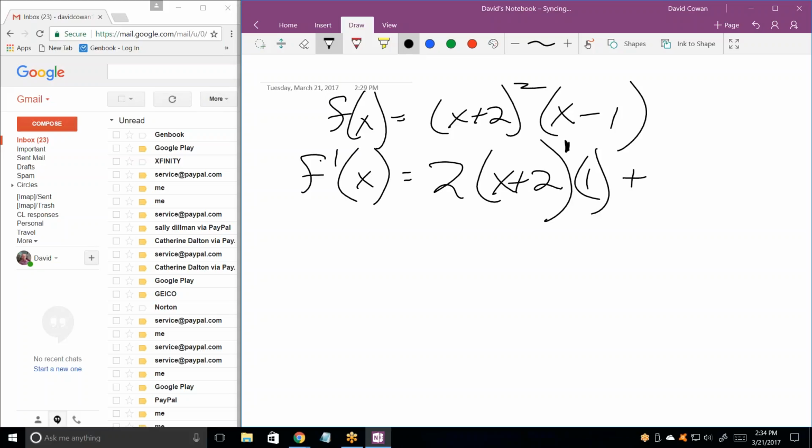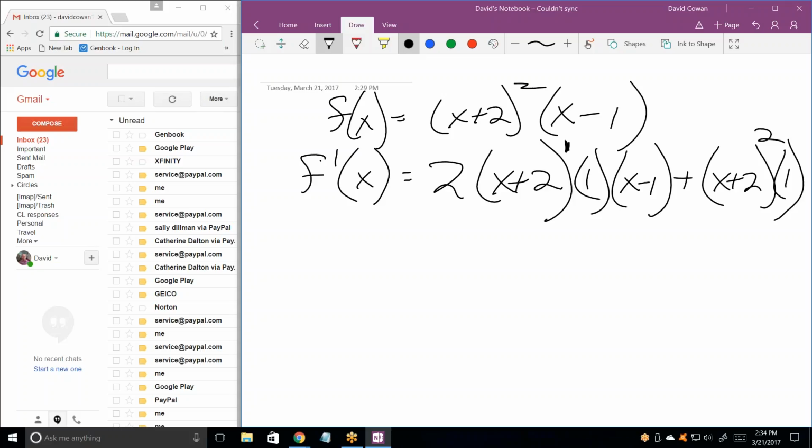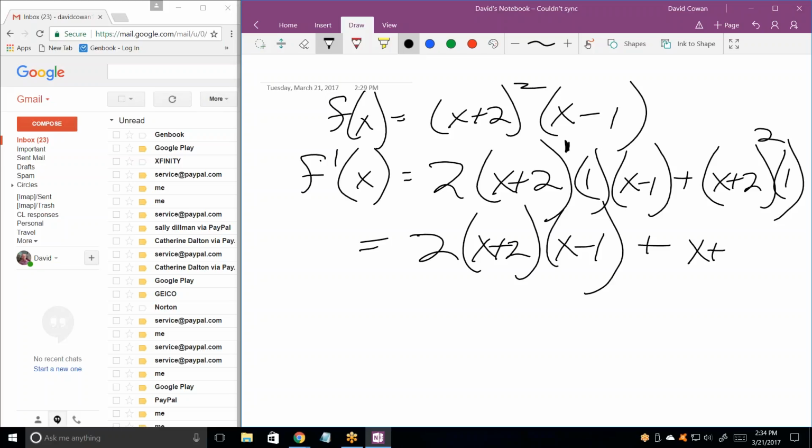Times x minus 1, plus x plus 2 quantity squared times 1. Now if we simplify that, we have 2 times x plus 2 times x minus 1 plus x plus 2 quantity squared. So that's our first derivative.